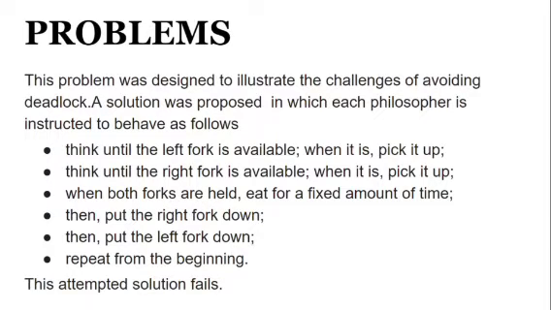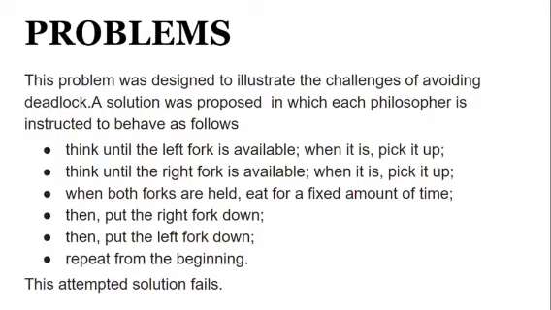This attempted solution fails because it allows the system to reach a deadlock state. Deadlock here means a state which doesn't allow you to progress. This is a state in which each philosopher has picked up the fork to the left and is waiting for the fork to the right to become available.